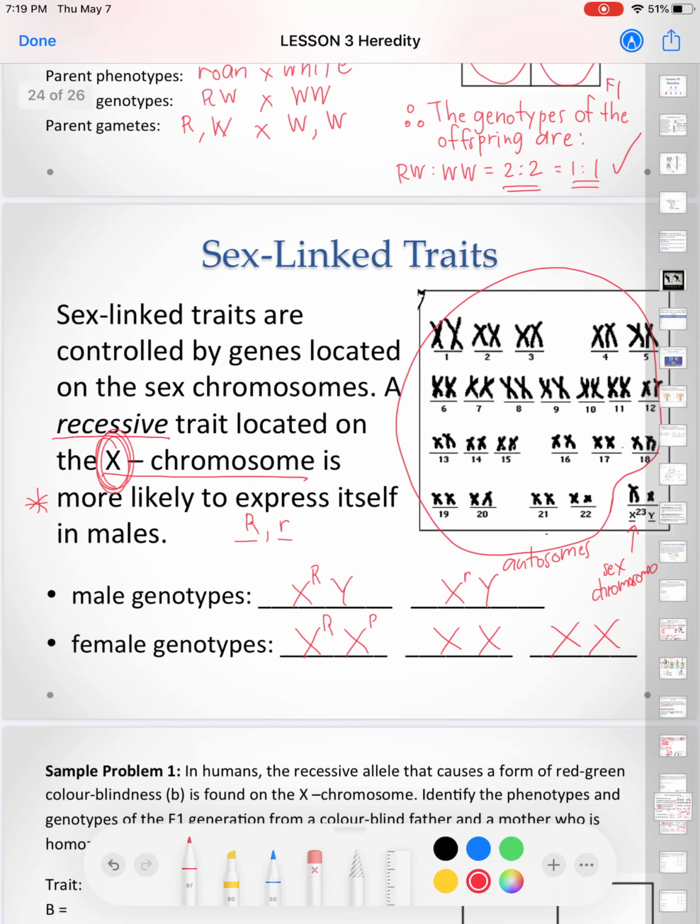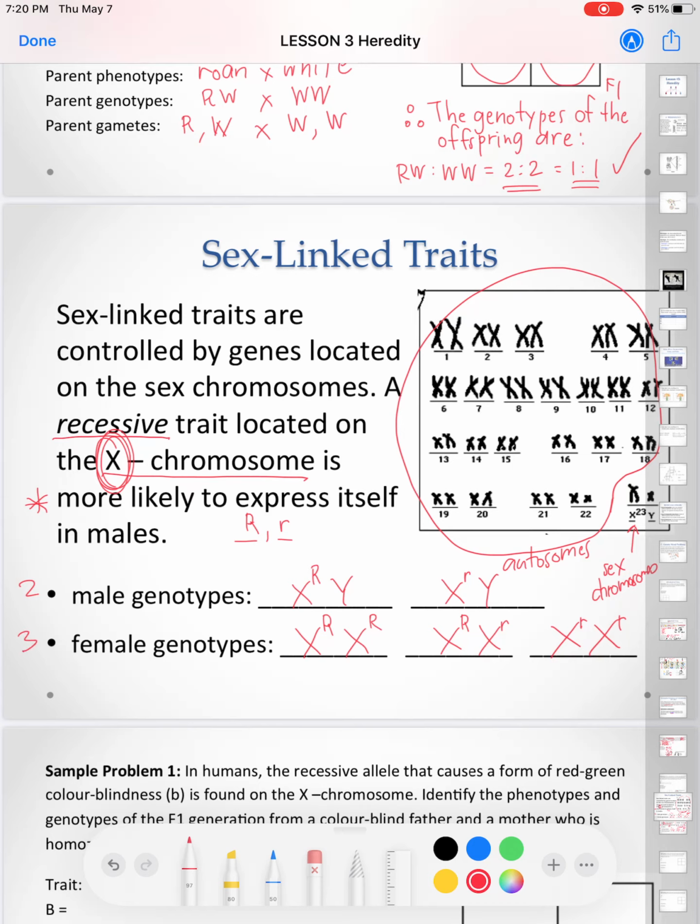We can have two dominants, and because we have two, we have to assign a letter to each of these X chromosomes as X-linked. Or we can have one of each. Or we can be homozygous recessive. So you can see here that we have three possible genotypes where males only have two possible genotypes.